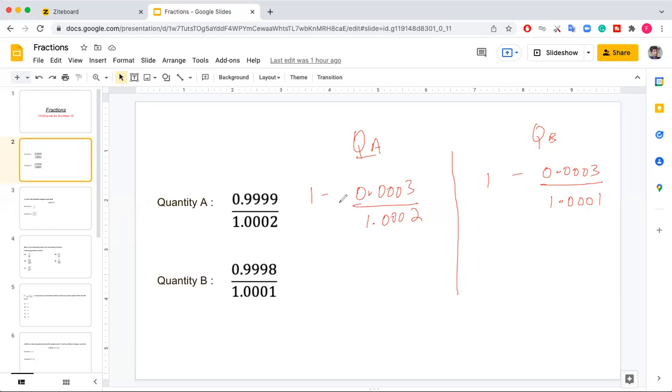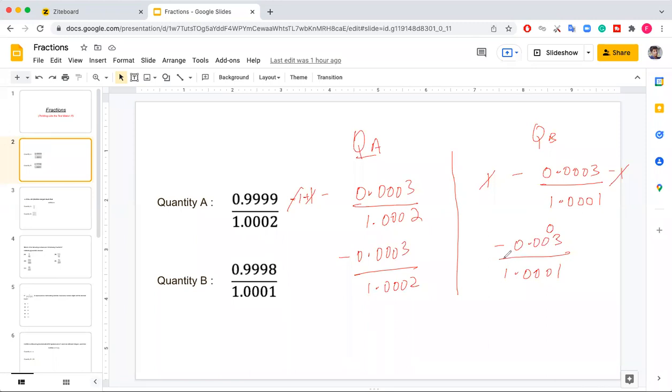Now, in a quantity comparison question, the quickest way is just to consider these as two sides of an inequality, right? So you can perform addition and subtraction on both sides. If I add -1 on both sides, the 1 will cancel out, so we are left with minus 0.0003 divided by 1.0002, and minus 0.0003 divided by 1.0001, right?